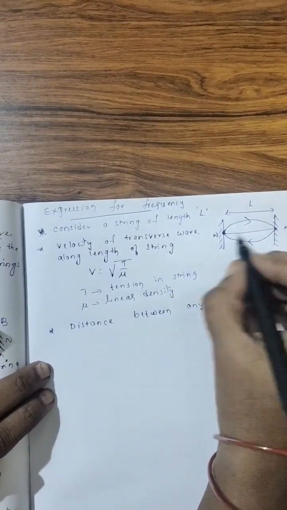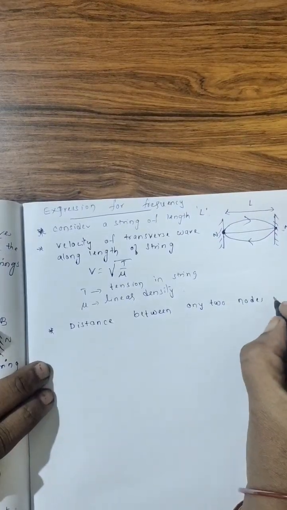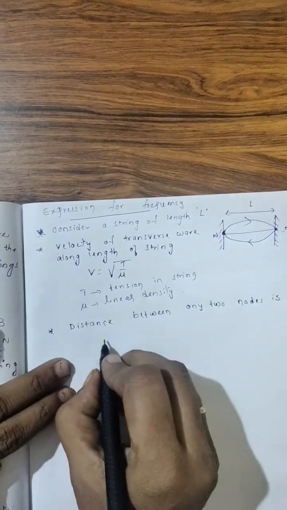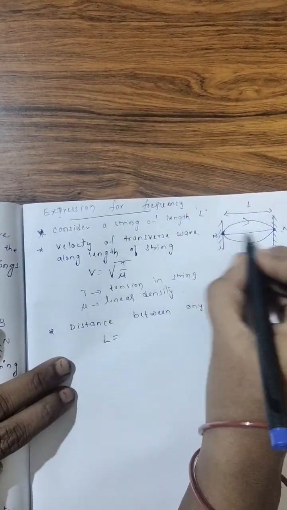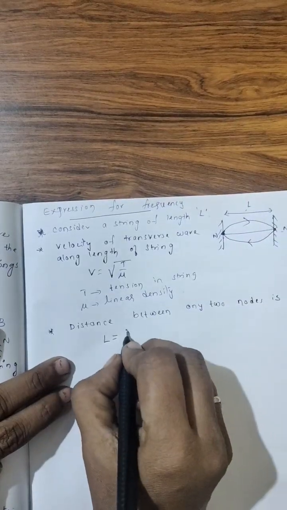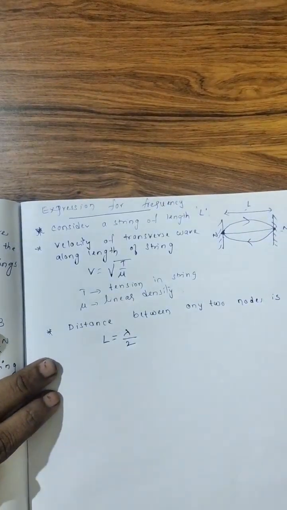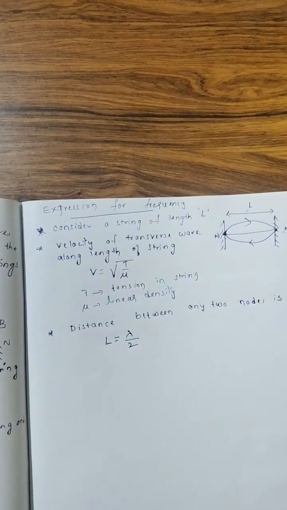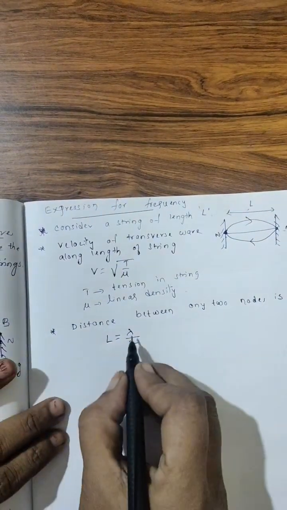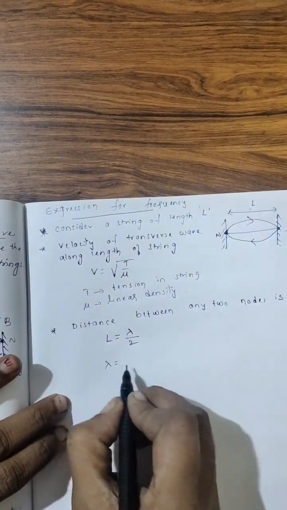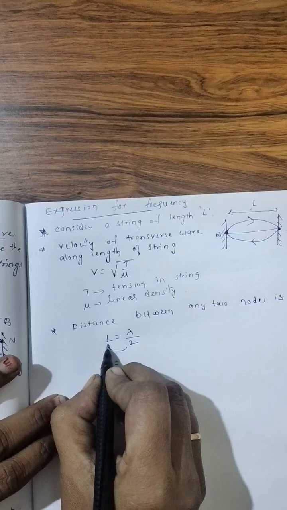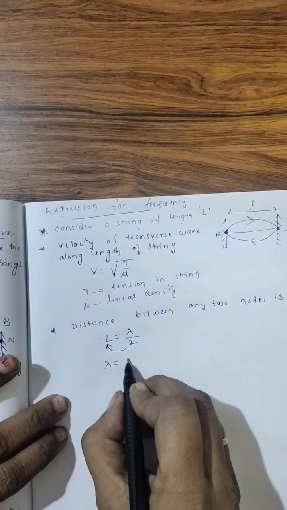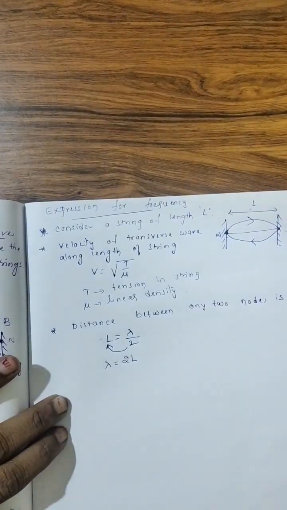Now this is the 0 amplitude position, we call it node. So now the distance between any two nodes is L. Here to here, L is equal to lambda by 2. So first let us write like this. From this, lambda is equal to, do cross multiplication, 2 will go this side, it becomes 2L.